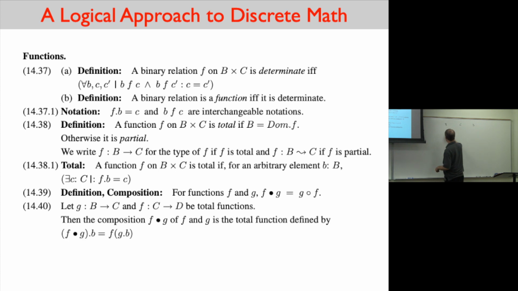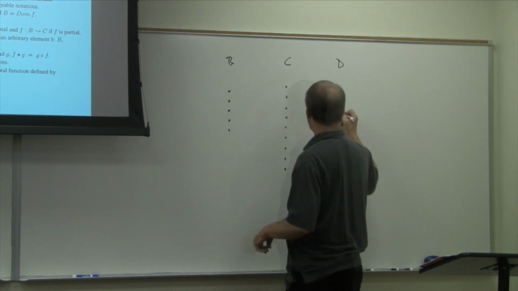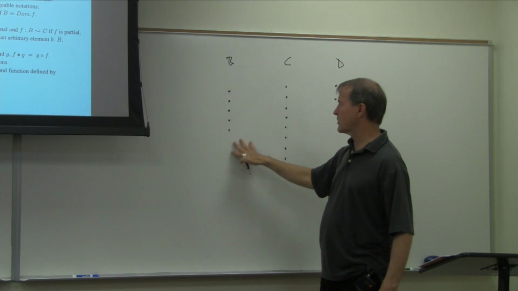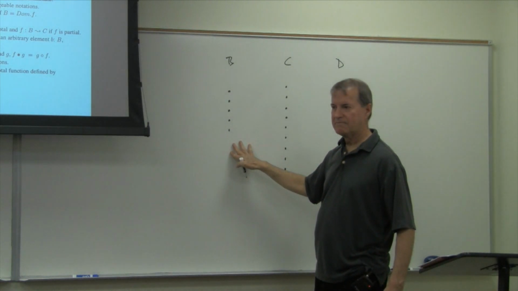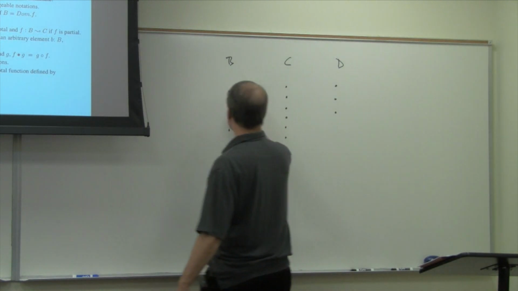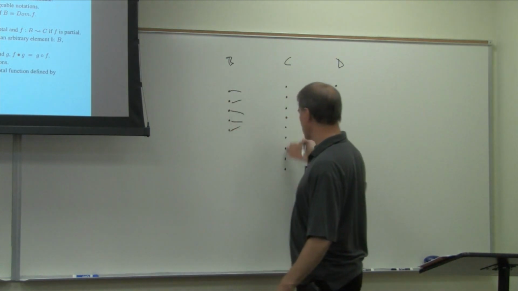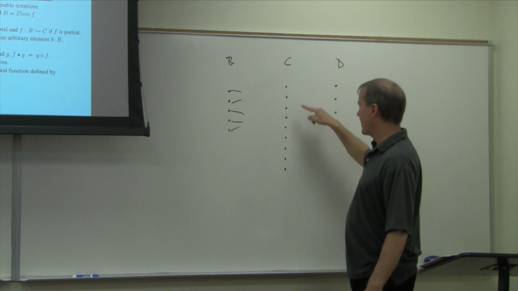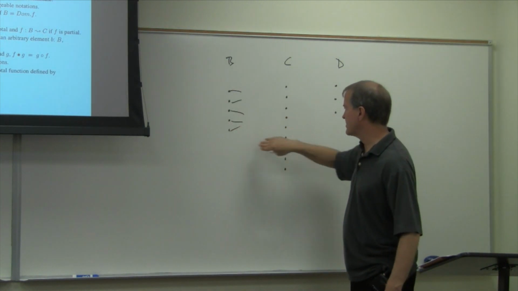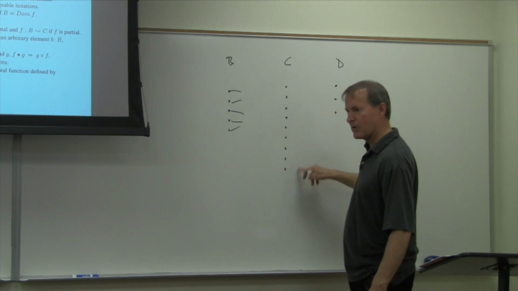So now suppose we have a bunch of things like this. What does it mean for each one of these things to be total? All of these have something going from them. Okay, so let's just do it in general. These are all going to one of these here, right? And if it's total from B to C, and if it's total from C to D, total means what? There's something going from one of these to here.